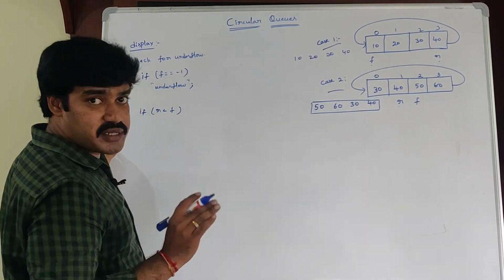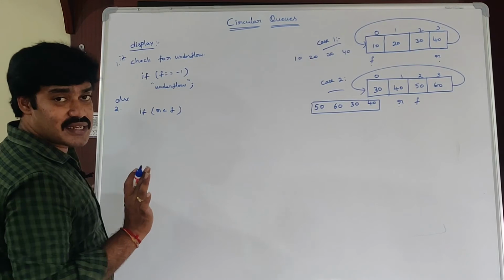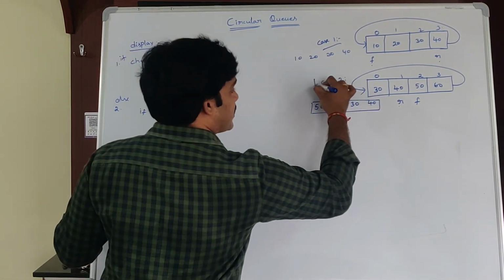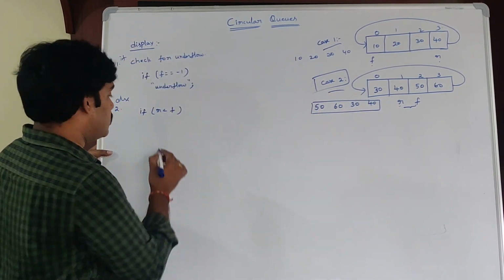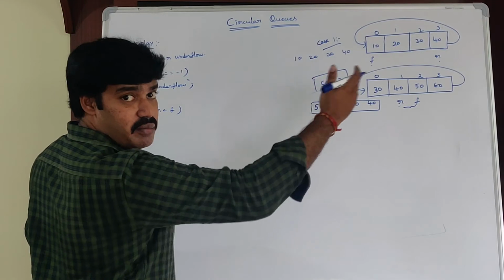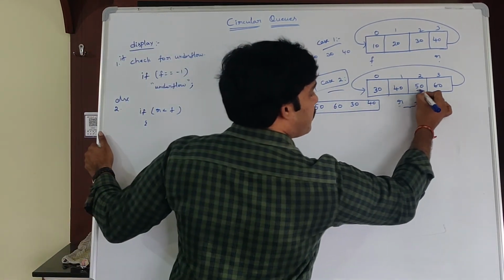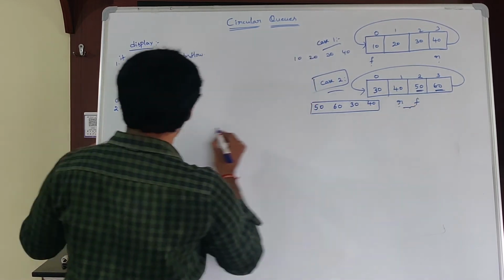In the else block, that means if the circular Q is not empty, check whether R is less than F or not. Consider case 2. Here R is less than F, the condition is true. Then what are my circular Q elements, starting from front to which one? Max size minus 1. First 50 and 60 are my circular Q elements. So how to print 50 and 60?